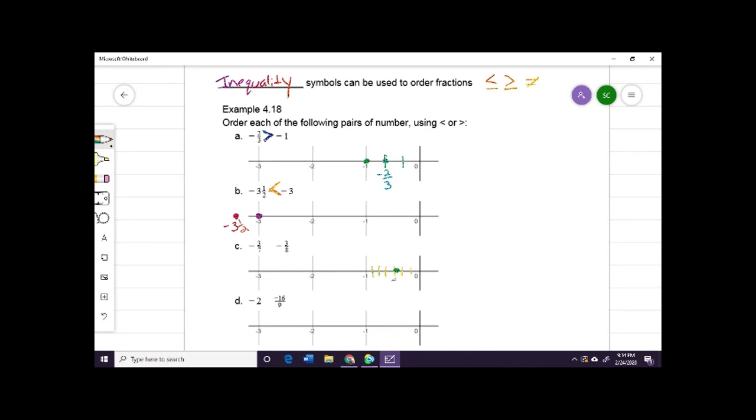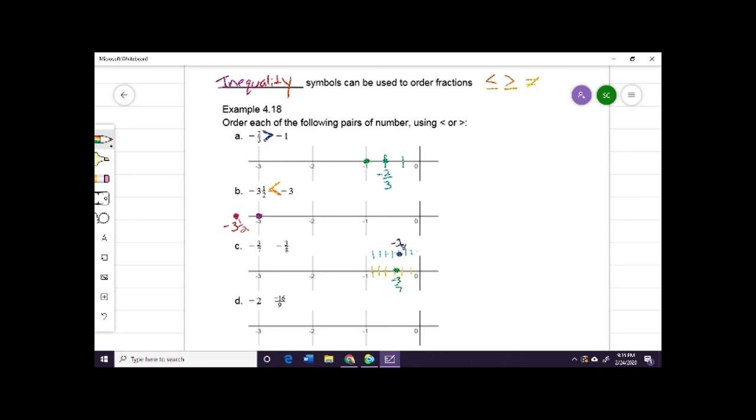So negative 3/7, and then if I divide that into 8s, let's see, I'm going to do it up here, there. If I do too many, 1, 2, 3, 4, 5, 6, 7, 8. Nope, I did it into 8. So 3 of those, 3/8 is going to be right here. Negative 3/8.